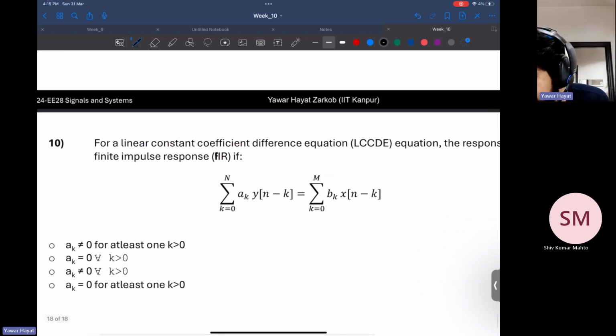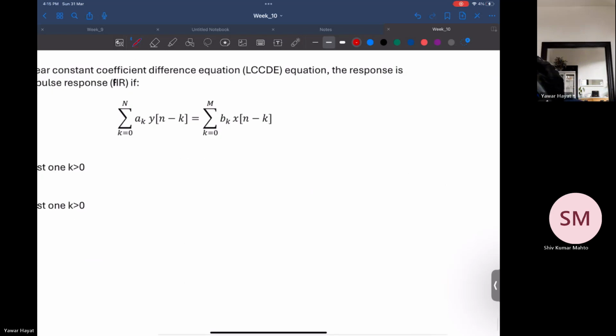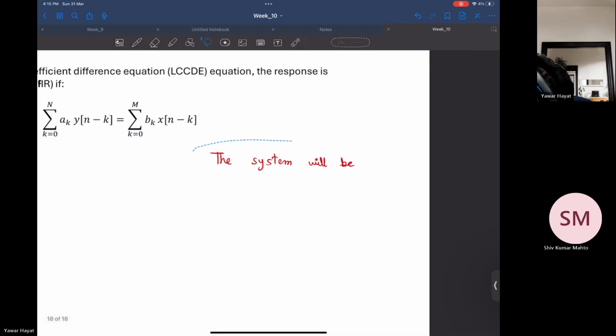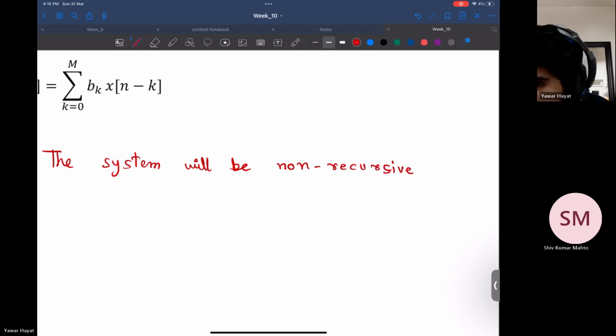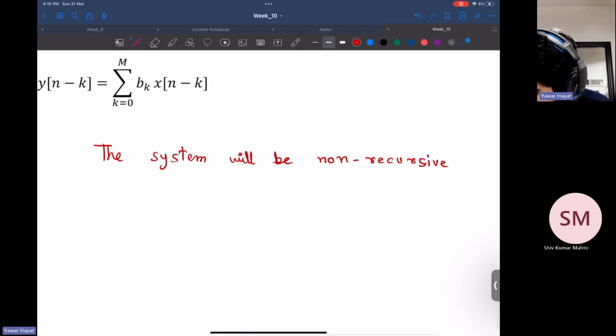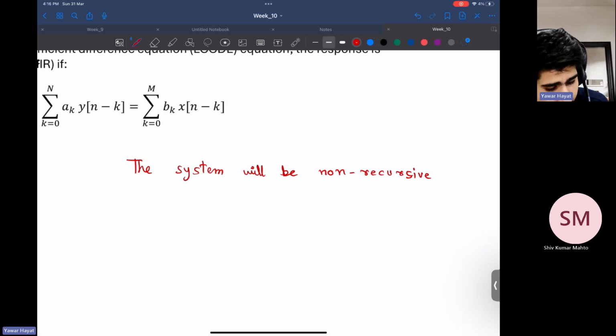For this finite impulse response, the system should be non-recursive, right? And when will the system be non-recursive? This will be the last question.